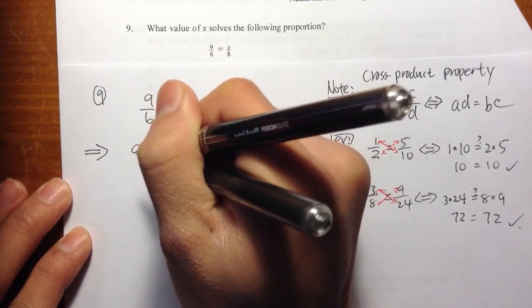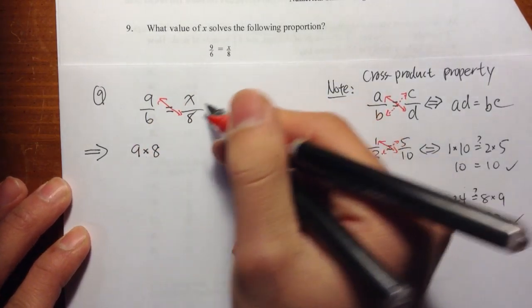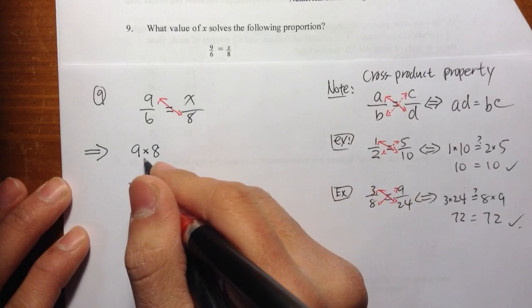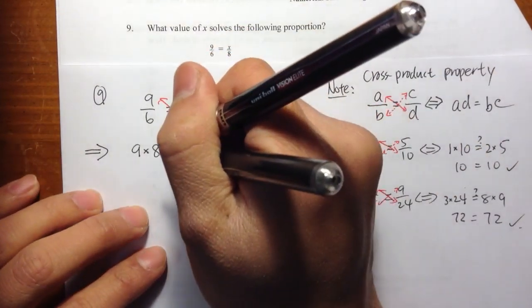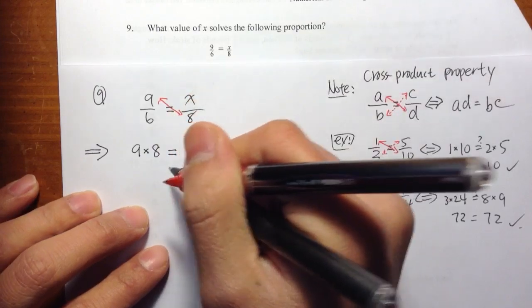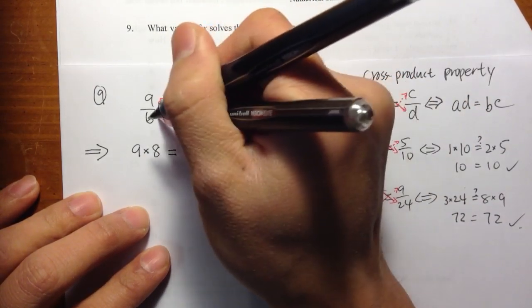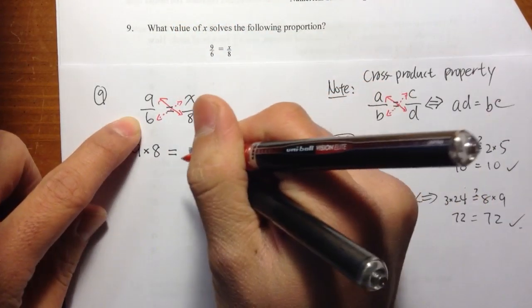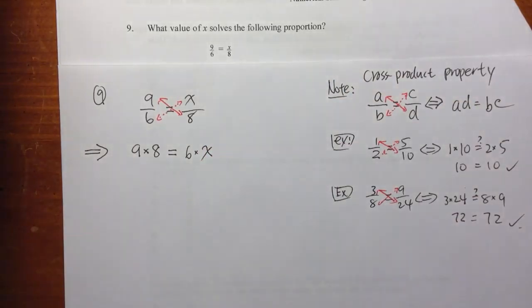So 9 times 8, and notice that this is my little baby x, that's my variable x. This little baby x indicates that we are multiplying. I want to set this equal to 6 times x. So 6, baby x, and then the variable x.